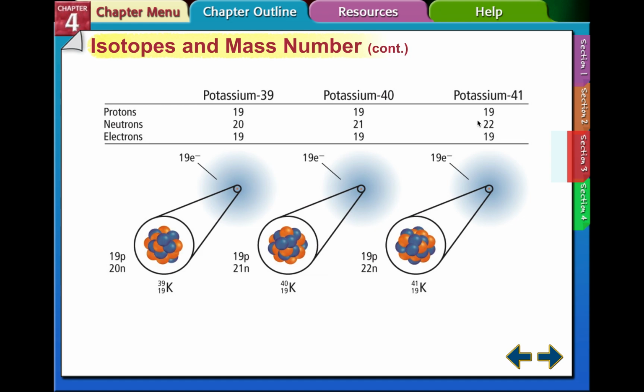Potassium-41, 22 neutrons. But protons and electrons remain the same, again, as long as this is an electrically neutral atom. They chemically behave the same, which means they're going to bond with the same types of atoms in the same type of way. So the only difference here is just their weights.